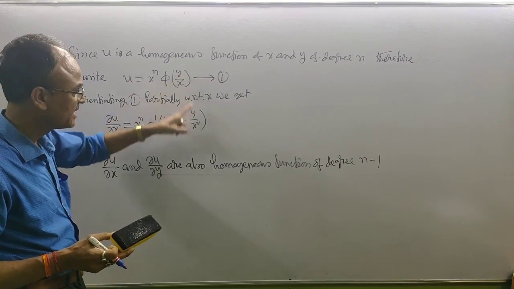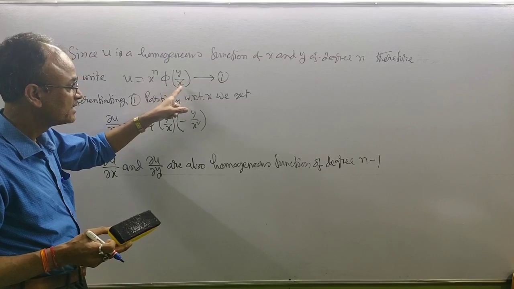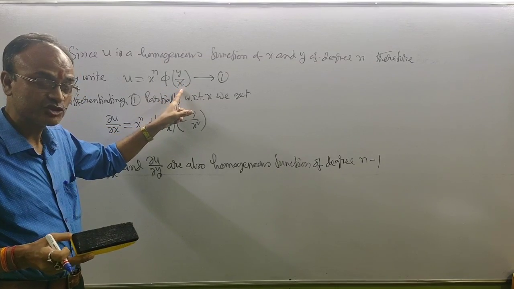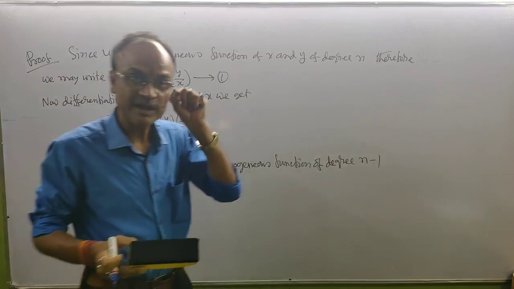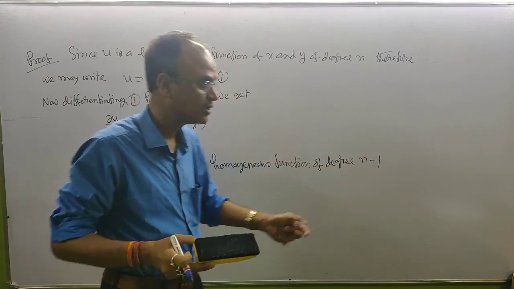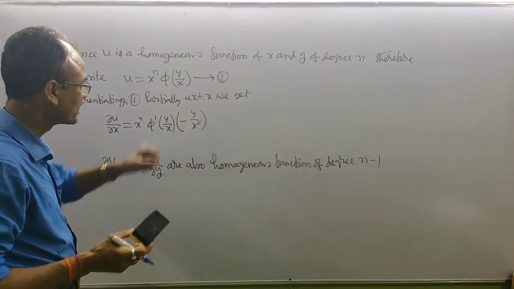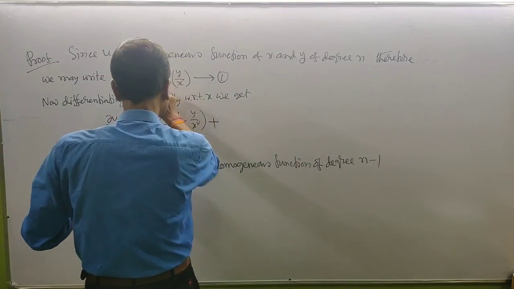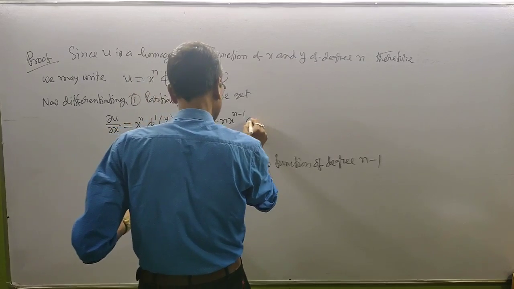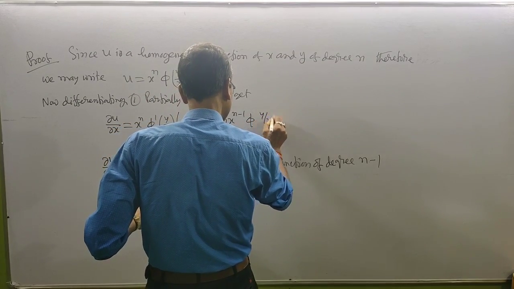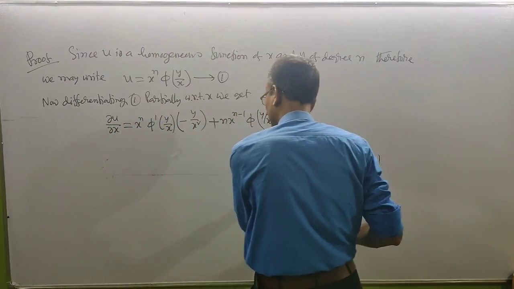Treating y as constant, y times 1 by x, differentiation of x to the power minus 1 is minus x to the power minus 2, means minus 1 by x square, plus differentiation of the first function n x to the power n minus 1, times phi of y by x.